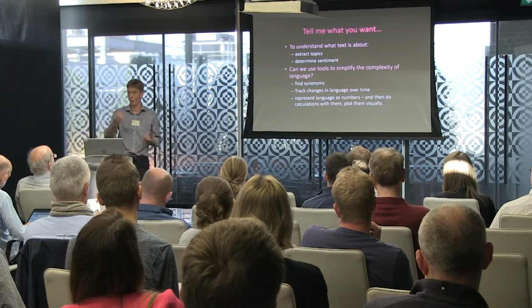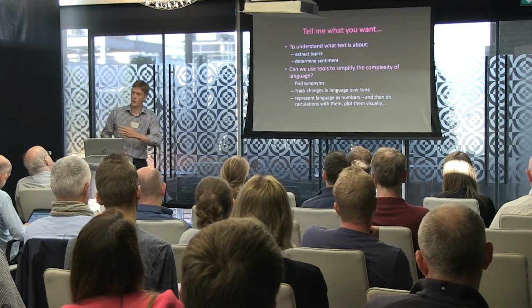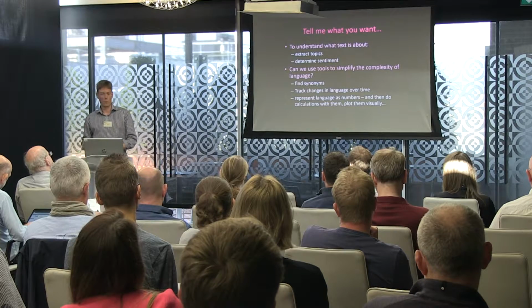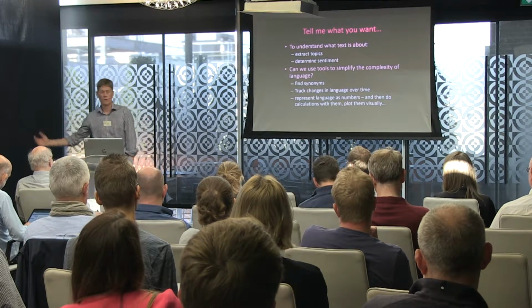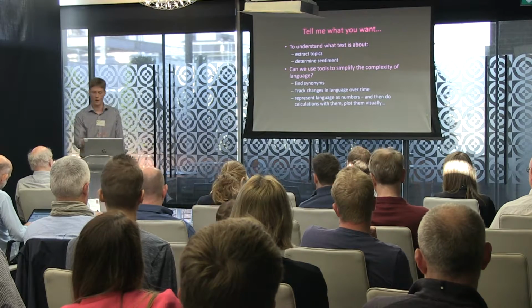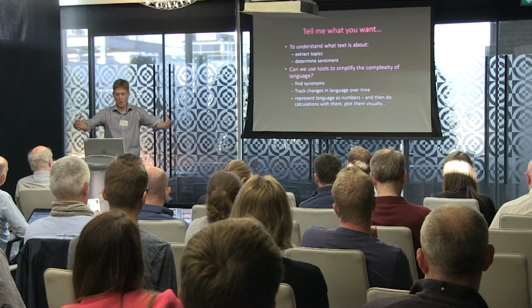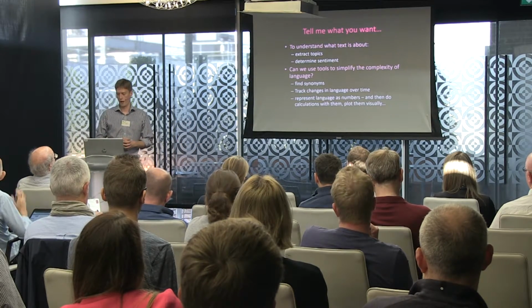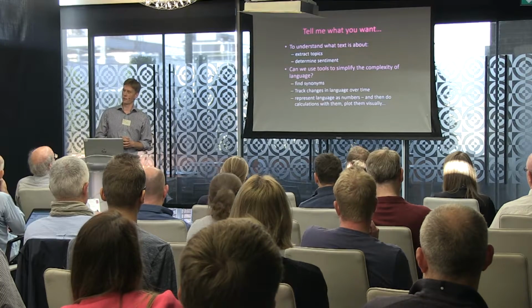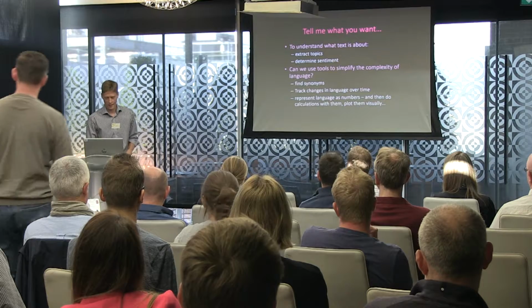Can I start with annoying and find other things that are similar to it? Can I see how language changes over time? How the meaning of web or net has changed from 50 years ago to today. And can I, in a more broad sense, turn my text into numbers and then do things with them? I guess you're hoping the answer is yes, otherwise it's going to be quite a short talk. So yes, we can, yes.